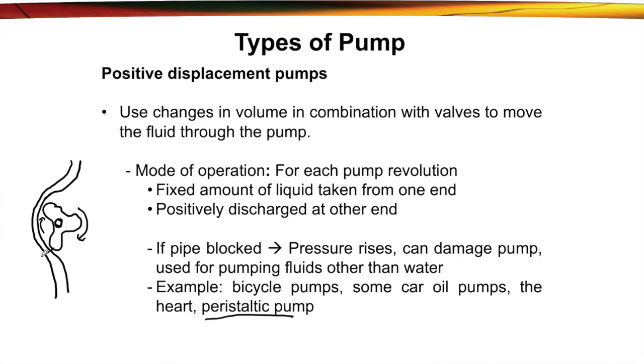It will press this tubing and transfer the water or the liquid up, so it transfers positively upward. Then the next one will press this tube and transfer another fixed amount of liquid upward. So it will continuously rotate, and each revolution will transfer a fixed amount of liquid.